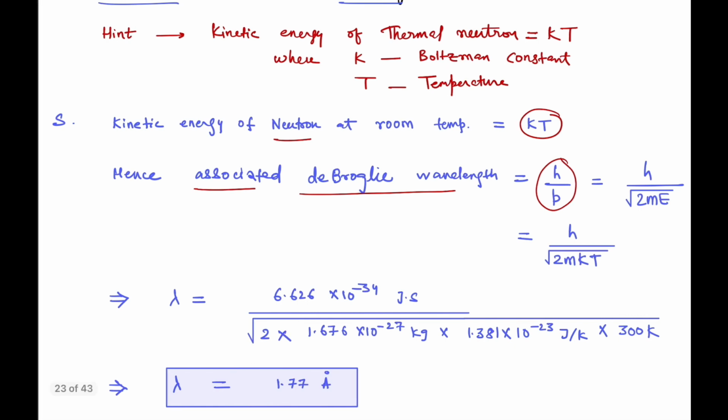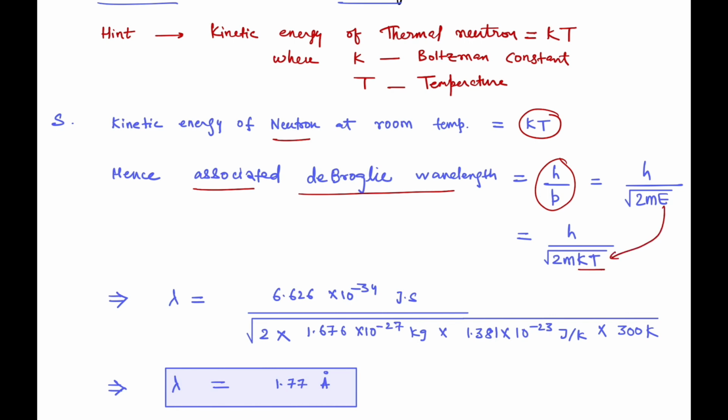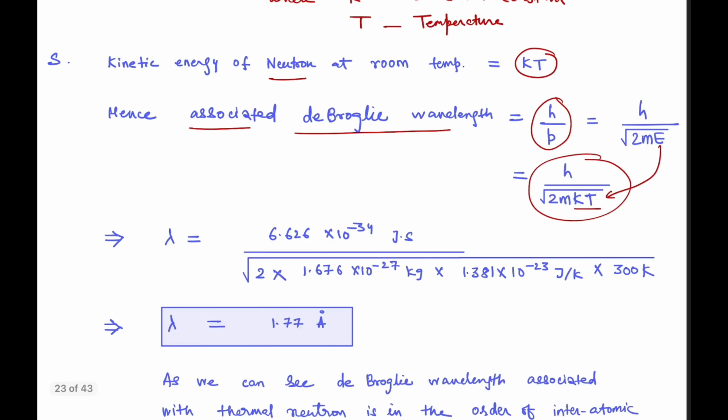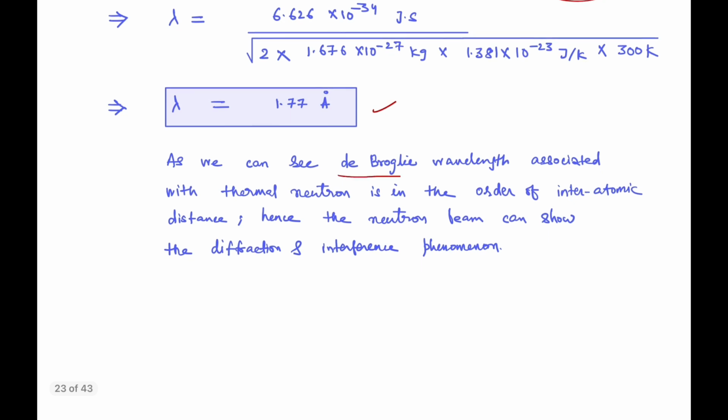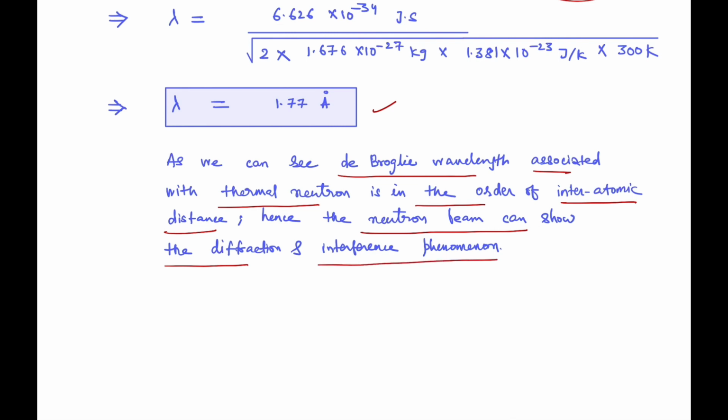When you put the value of E, that is kT, you will get h divided by under root 2mkT. When you put all the values, you will get the wavelength to be 1.77 angstrom. So as we can see, the de Broglie wavelength associated with thermal neutron is in the order of interatomic distance. Hence, neutron beam can show the diffraction and interference phenomena.